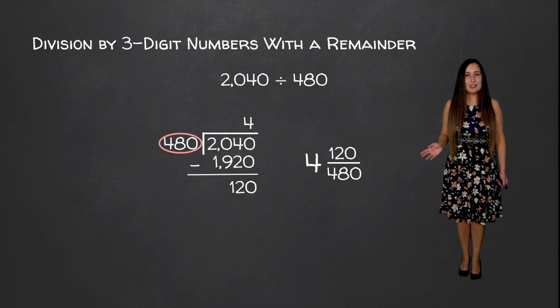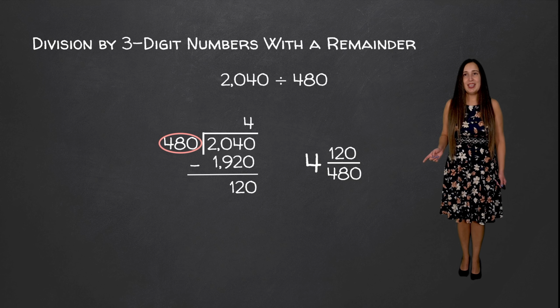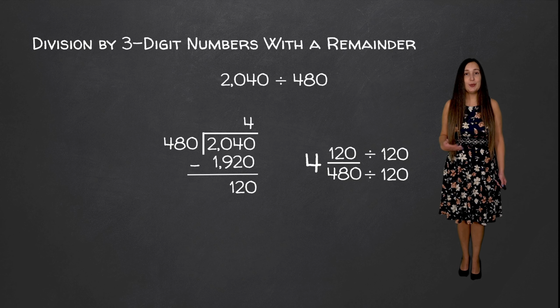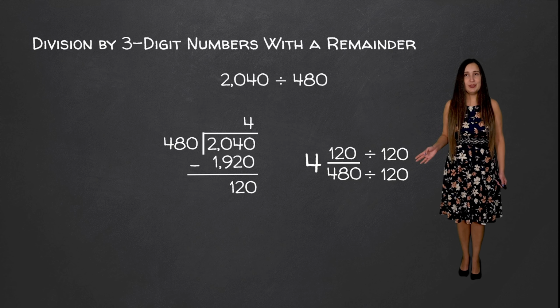Now our answer is 4 and 120 out of 480, but we can simplify this fraction. And that's because we could divide both 120 and 480 by 120. Remember, whatever you do to the numerator, you have to do to the denominator to keep this fraction equivalent.